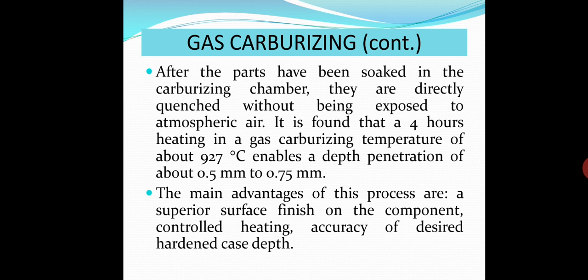After the parts have been soaked in the carburizing chamber, they are directly quenched without being exposed to atmospheric air. It is found that a 4-hour soaking at a gas carburizing temperature of about 927 degrees centigrade enables a depth of penetration of about 0.5 millimeter to 0.75 millimeter.